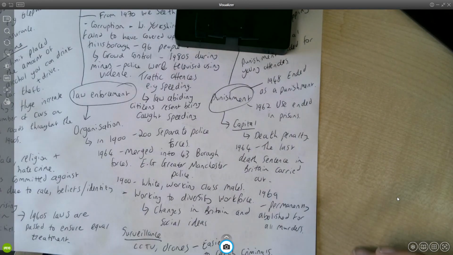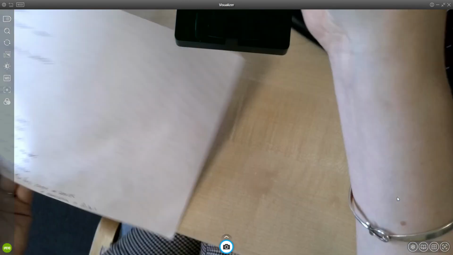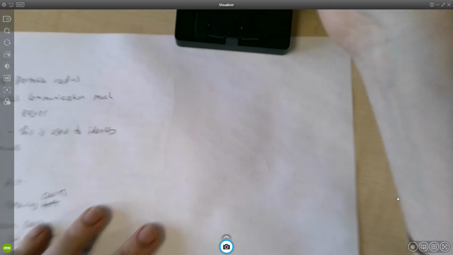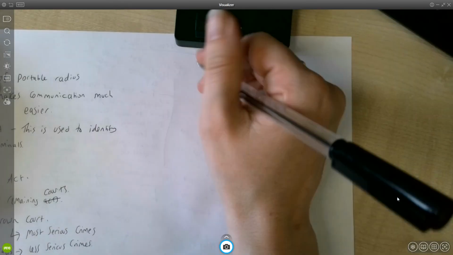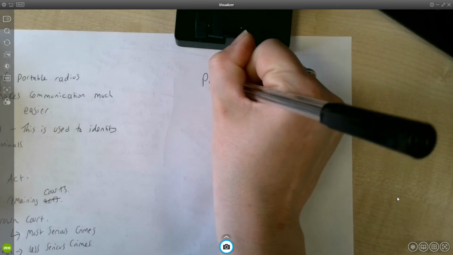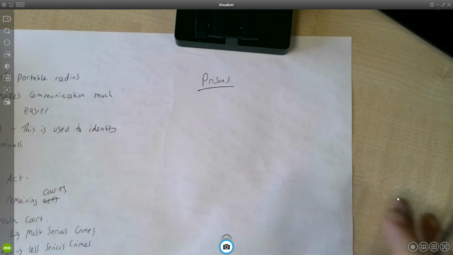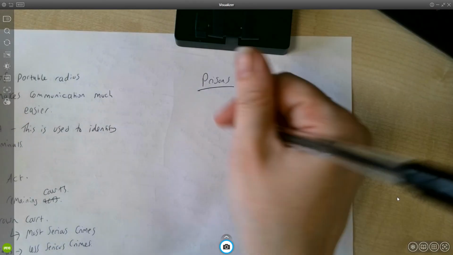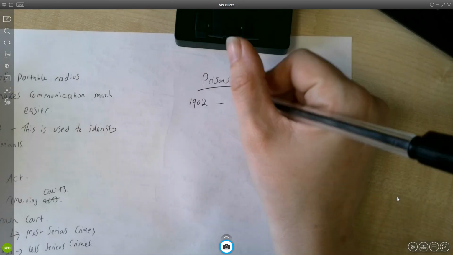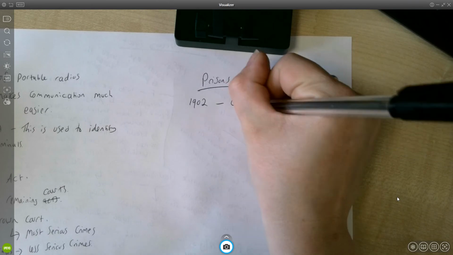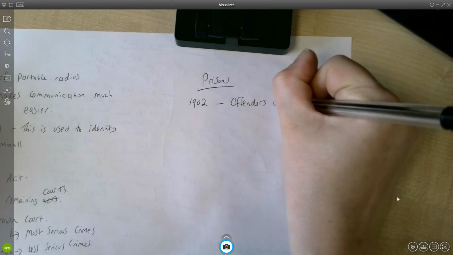There are a couple of other changes in prisons. I'm just going to flip back over and find some space for that. Again, if you need more space, do feel free. So, prisons. From 1902, young offenders under the age of 21 go to their own type of prisons.